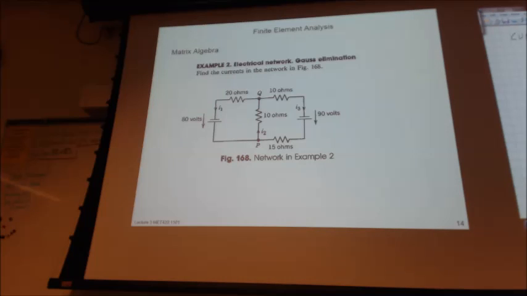So let's do the loop on the left. We're going to have what? Our resistance is 20, and we're I1, right? And I2 is at 10, and we're equal to 80 volts this time.